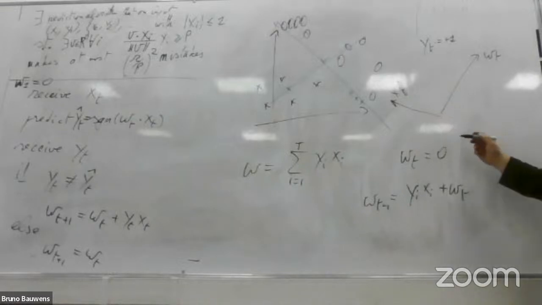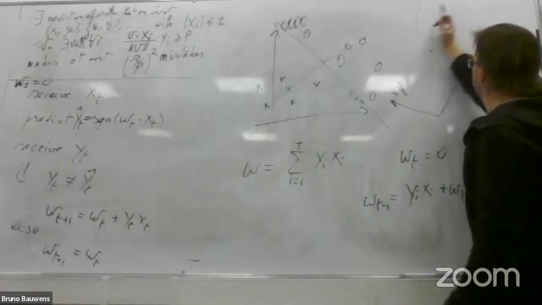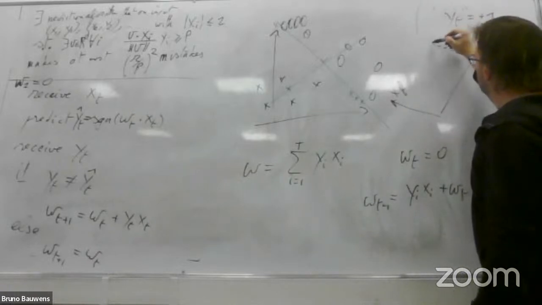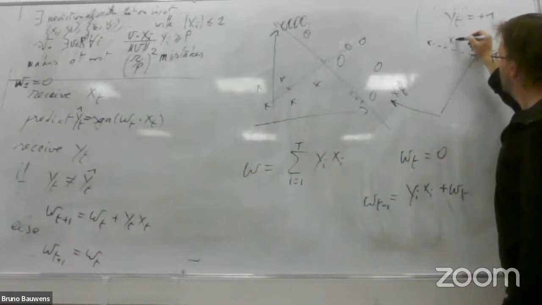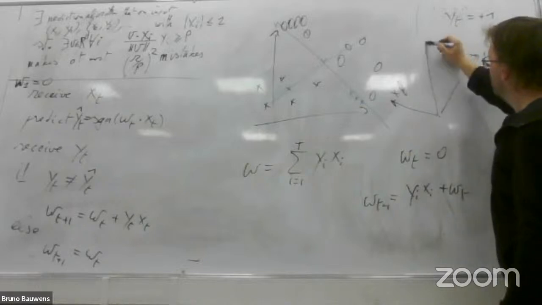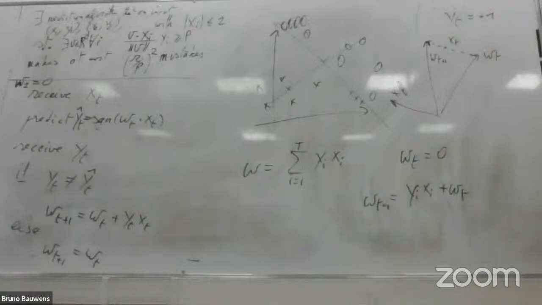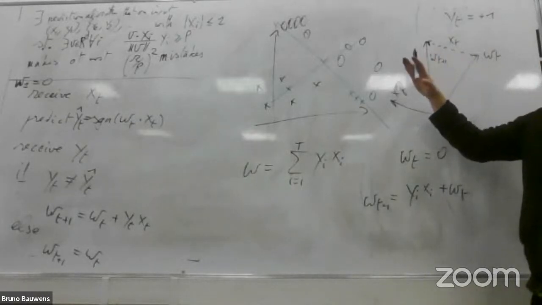Then we add xt, and this will be wt plus 1. So slowly wt will rotate in the correct direction.